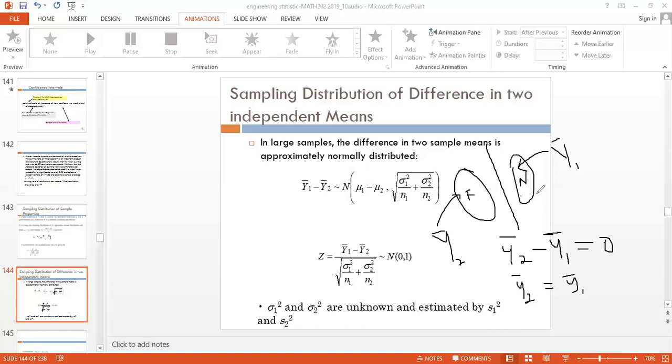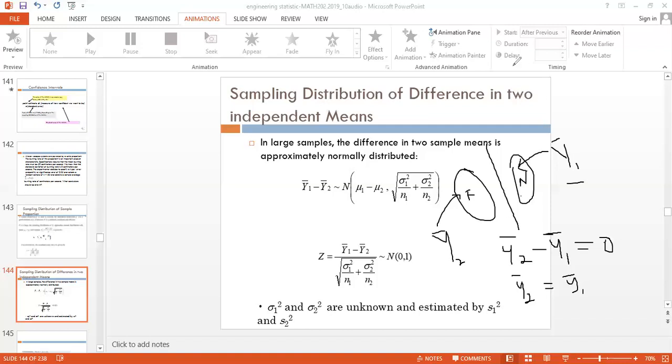They were not influenced by the normal technique, neither was the yield in the normal technique influenced by those in the fertilizer. We say that we have two independent population means. And like I said, the objective is to test if there are differences in the population means, or whether the difference is significant.